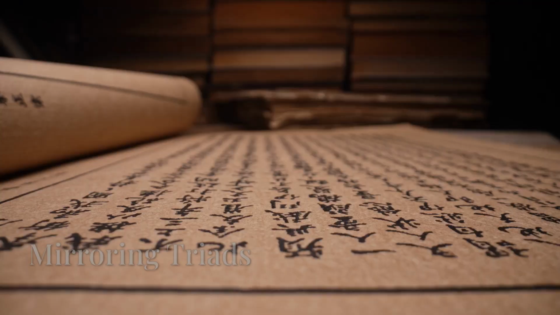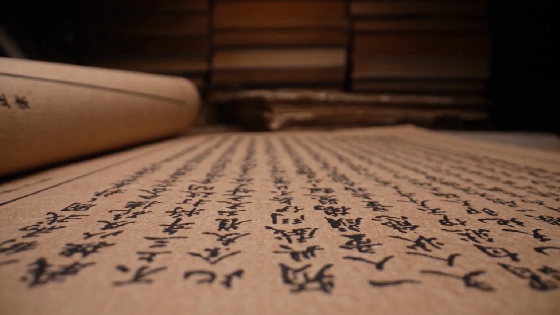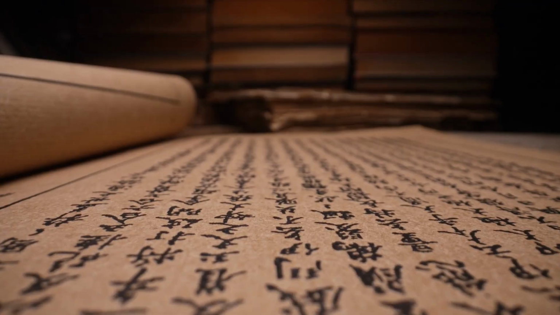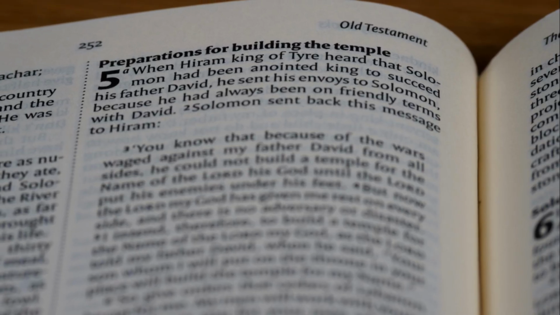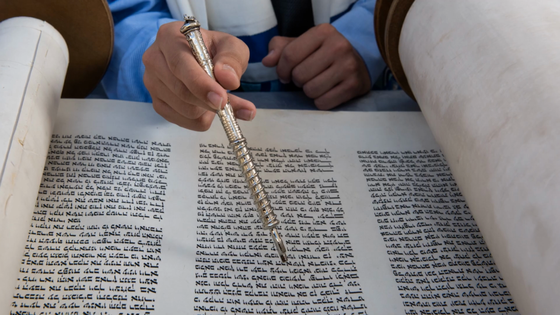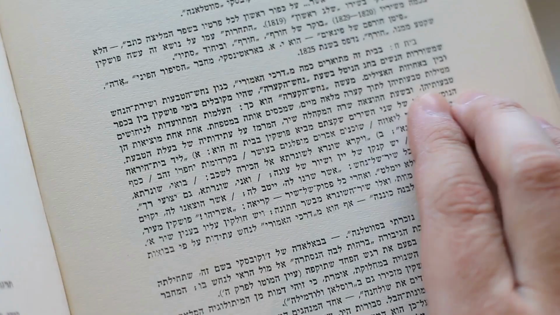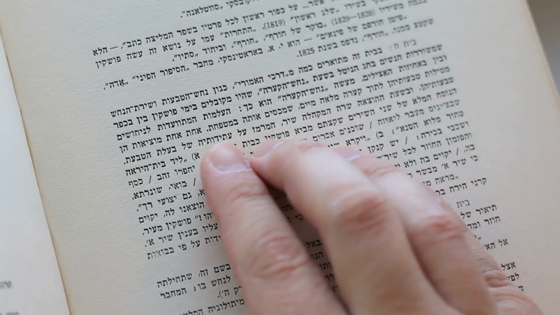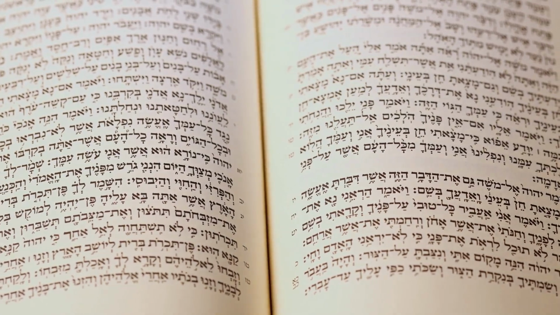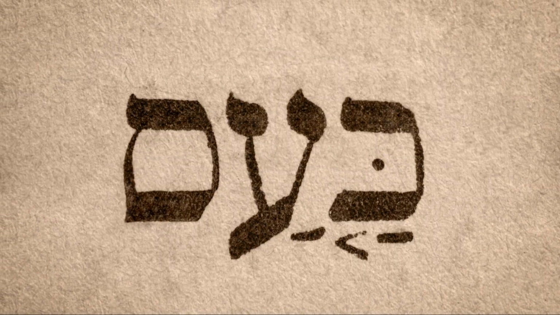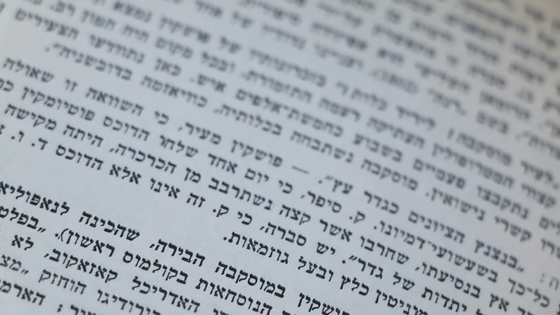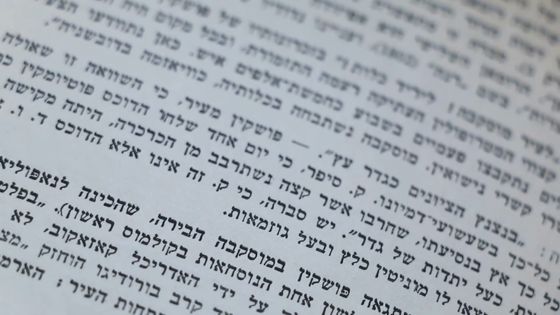Now we step back. These 2 groups, Bet Resh Aleph and Shin Yod Tav, aren't just connected. They are designed to mirror and complete each other. The first group ends with Aleph, the first letter of the Hebrew alphabet. The second ends with Tav, the last. Together they form Aleph Tav, a pair that shows up again in the very same sentence, hidden in the grammar word et, which Hebrew uses to mark the direct object of a verb.